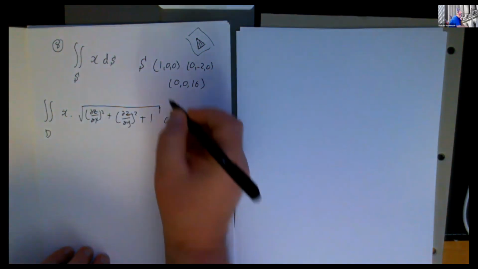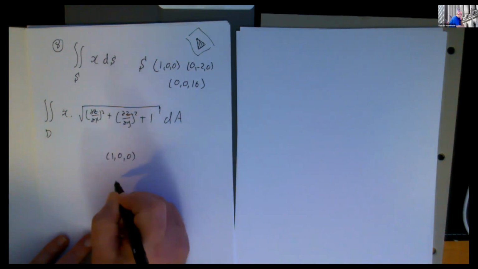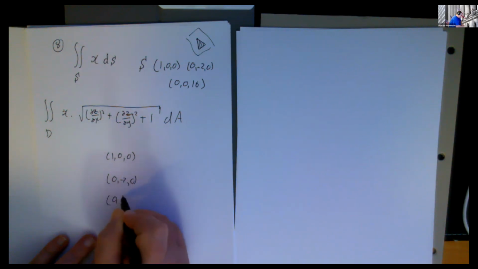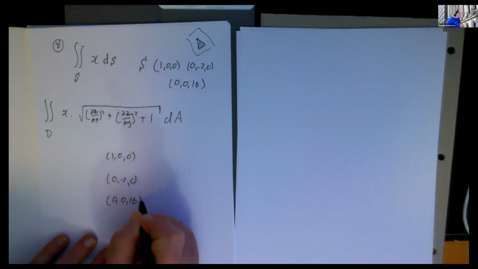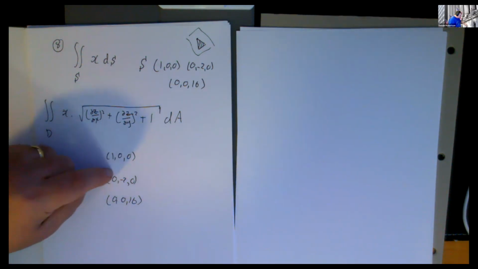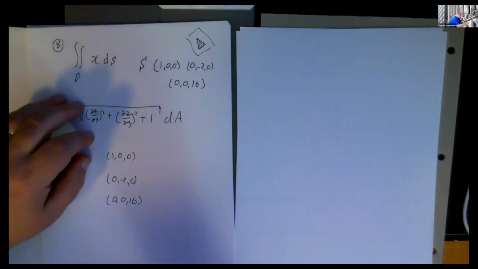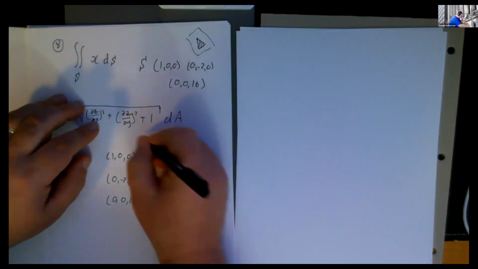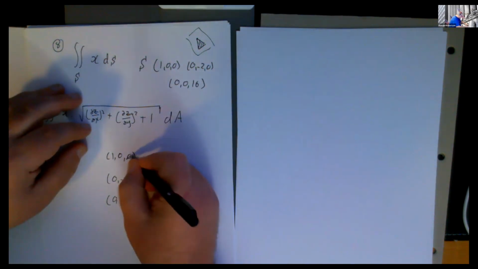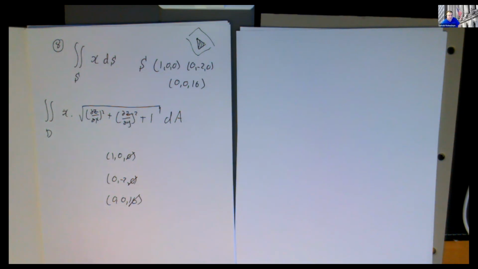For those who can't see what he just said, I'm writing down these points again, so I can point at them and write all over them and not make a mess of the original. You imagine this here, it's 1, 0, 0, 0, -2, 0, and 0, 0, 16. But when you look at it from above looking downwards, don't the Z coordinates make no difference?